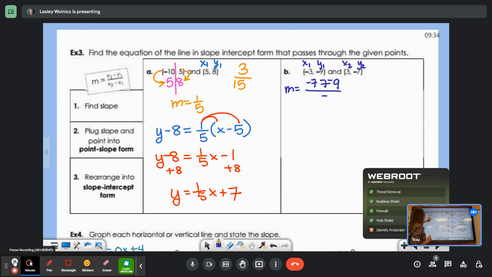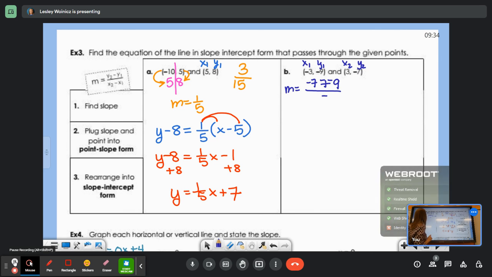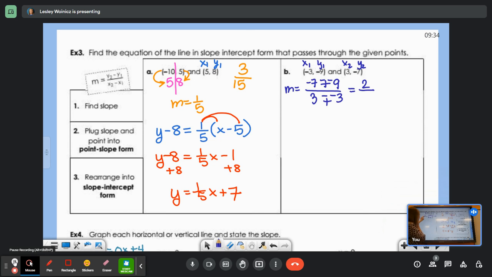And then my x sub 2 is 3. And my x sub 1 is negative 3. So again, I have minus a negative 3, which turns into a plus. Okay, so negative 7 plus 9 is 2. And 3 plus 3 is 6. That reduces. If I divide top and bottom by 2, I get an equivalent fraction, which is 1/3. That's my m.